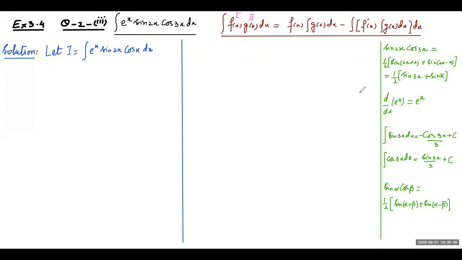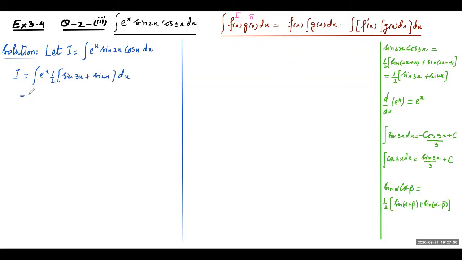We apply this conversion formula here. Integral I is equal to integral e^x, and in place of sin 2x cos 3x we write 1/2 [sin 3x plus sin x] dx.